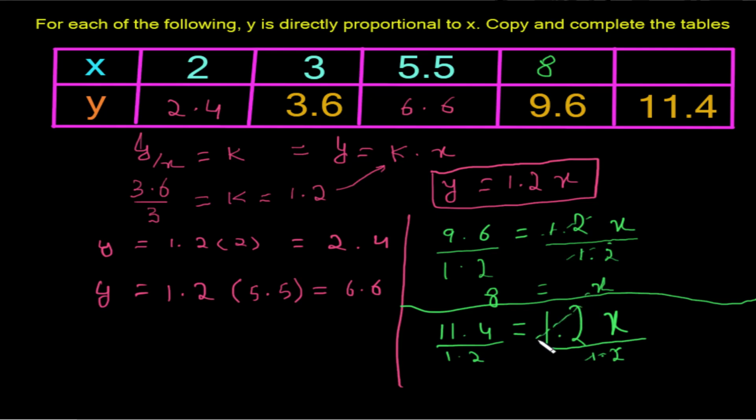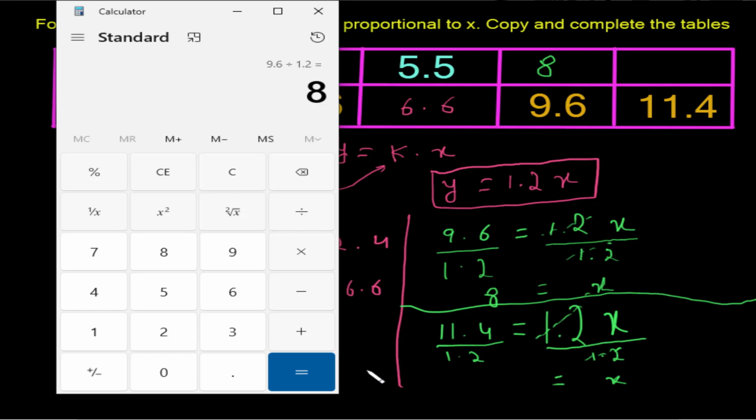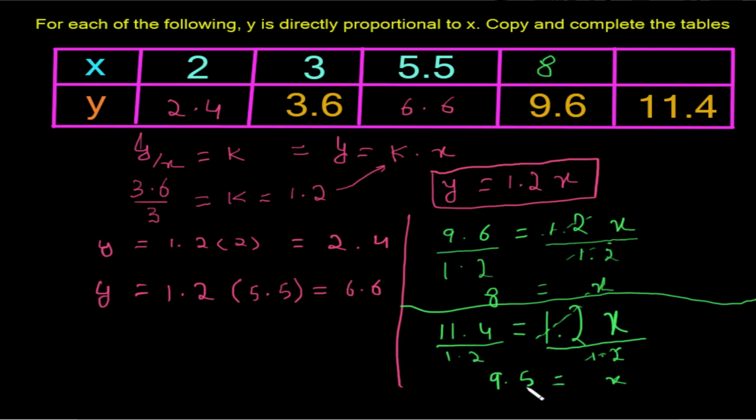So here I will only come up with x, and let's see when 11.4 is divided by 1.2, what the answer will be. 11.4 divided by 1.2 is equal to 9.5. So when y is equal to 11.4, x is equal to 9.5.